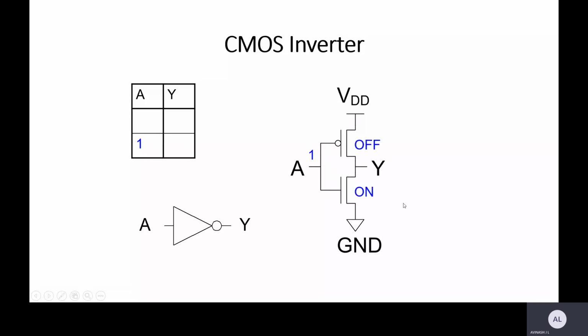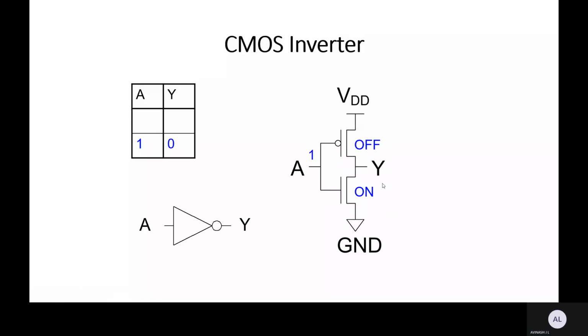So I can say that when A equal to 1 is given, the PMOS will be off and the NMOS will be on. So the output Y is 0.